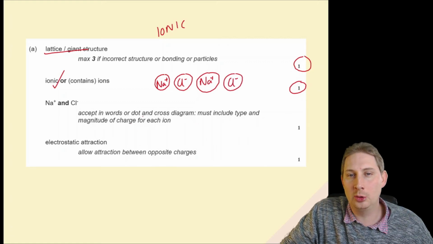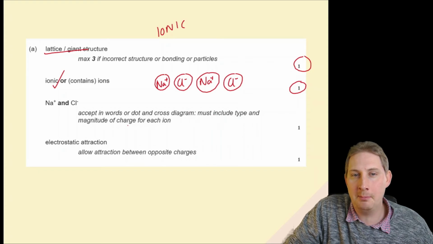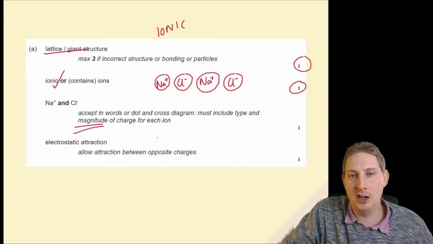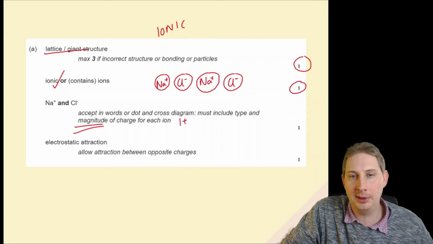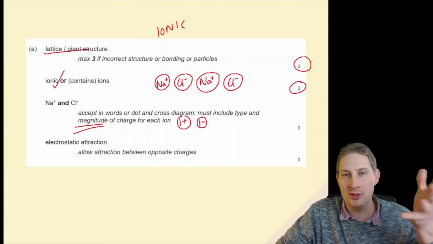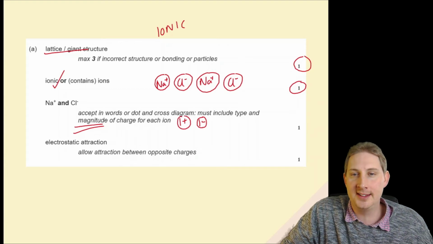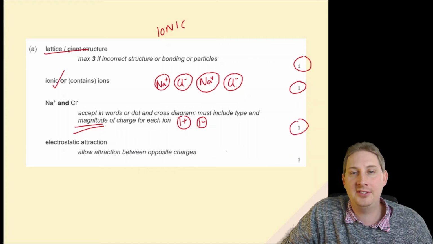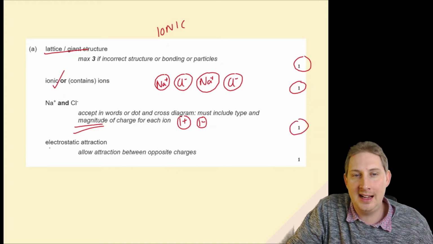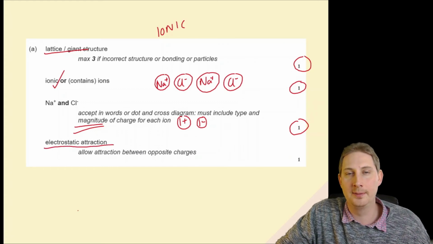Accept in words or dot and cross diagram, must include type and magnitude of charge for each ion. Okay, so it has to say that it's 1 plus and 1 minus, not just nondescript positives and negatives, for 1 mark. And you have to say that these things are held together by electrostatic attraction.